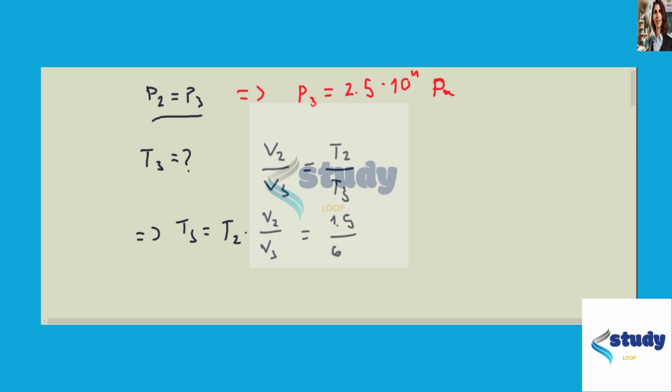So this times 300 kelvins, and then we obtain finally that T3 equals 75 kelvins. This is for the part B.